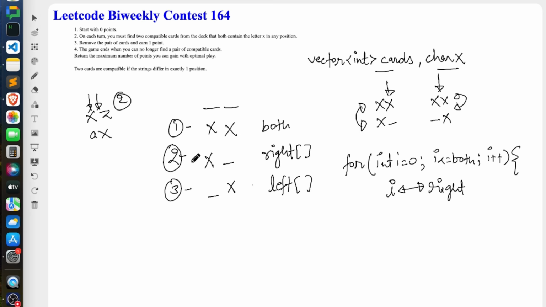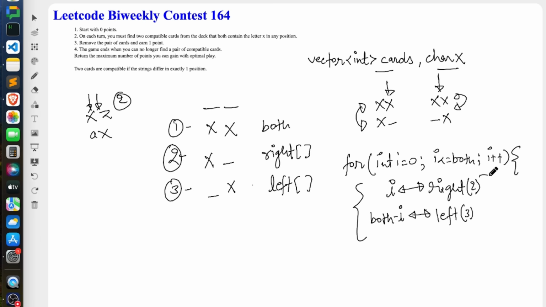And how many cards remain of type 1? Both minus i, right? So we will find a compatible pair with both minus i number of cards of type 1 with type 3, which can be used by the left array. So this is of type 3 and this is of type 2, right?